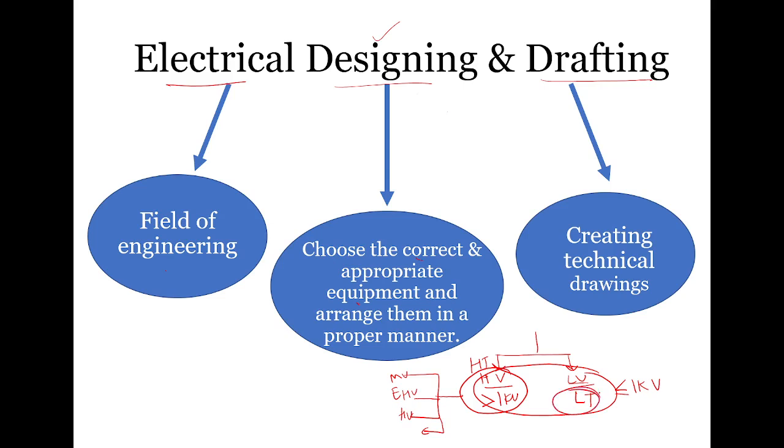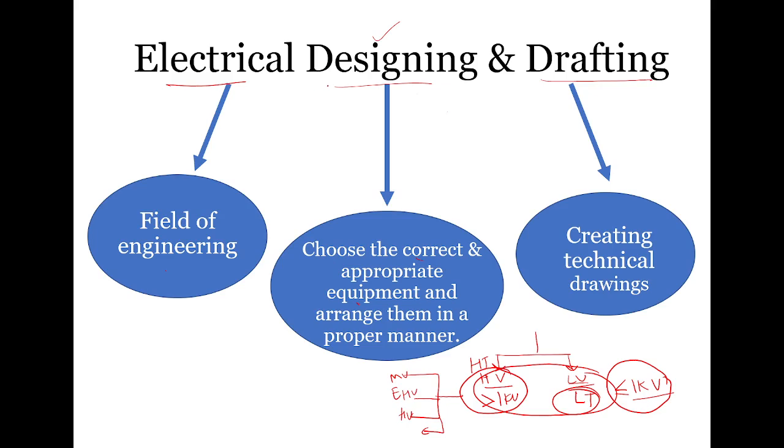So in this workshop or in this course we will discuss only the system where the nominal voltage is less than 1000 volts. Now coming to the word electrical. Electrical is a field of engineering which deals with electricity, or which deals with current and voltages.